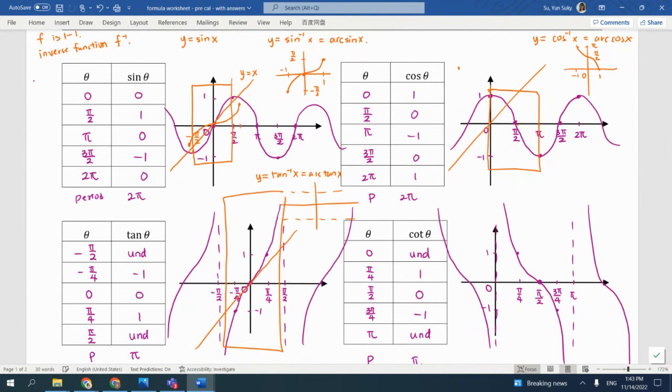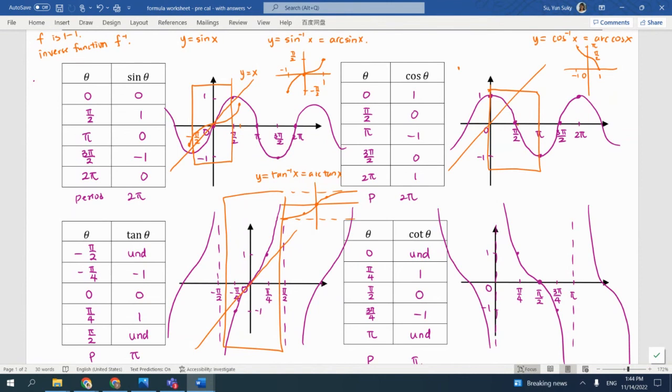This point now becomes here, and 0 is still 0, and this point now becomes here. When you connect them together, this is the graph of arctangent. Is that okay, everybody?